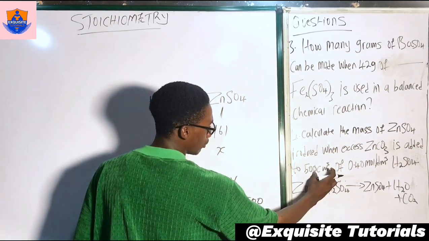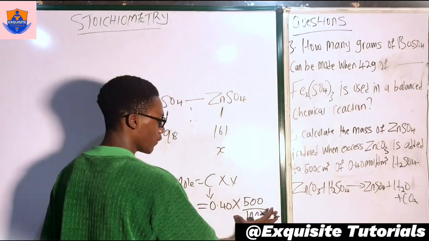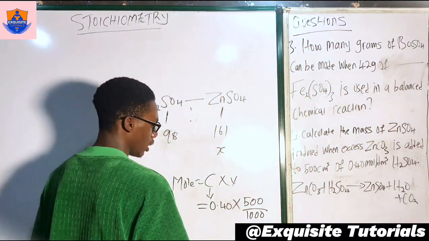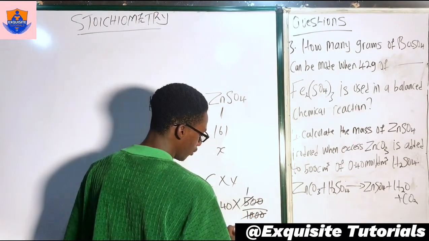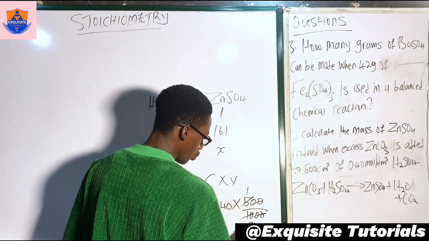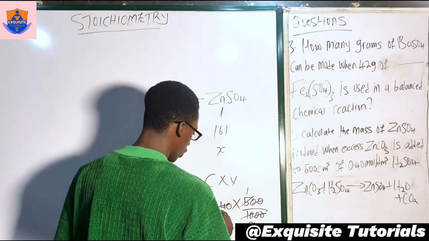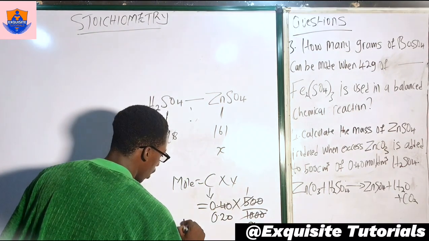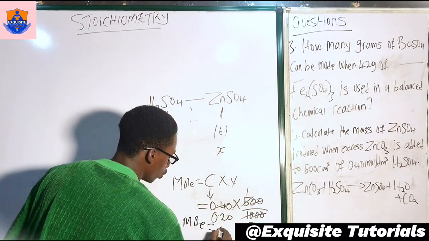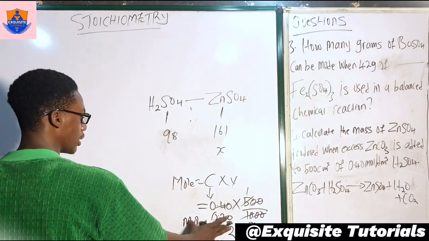Meaning since it is cm3, converted to dm3, will give us 500 divided by 1000. So let's cancel out. 20 goes 20, 5 here 1, 5 into 10 is 2. 2 here 1, 2 into 0.40 is 0.20. So our mole is equal to 0.2. So now that's the mole.